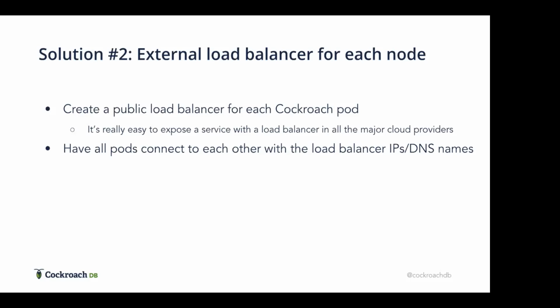And since those load balancer IPs are stable, the underlying CockroachDB pods can be deleted and recreated, moved from one node to another, and so on and so forth. And the load balanced IP addresses will always route to the correct Cockroach pod. So this is great, and we have had people using this for many months, working well for them.